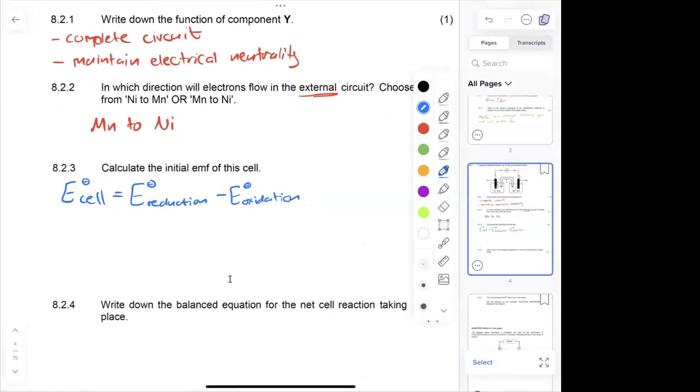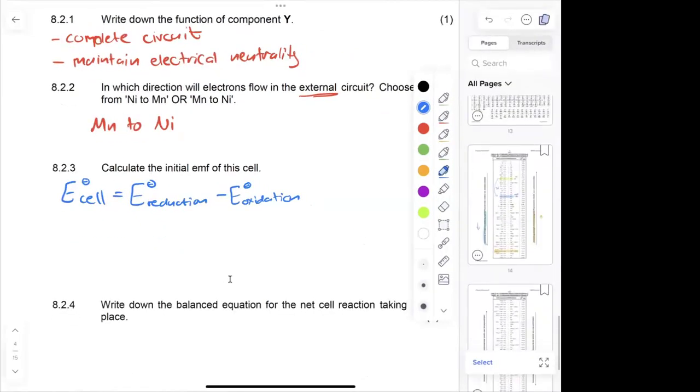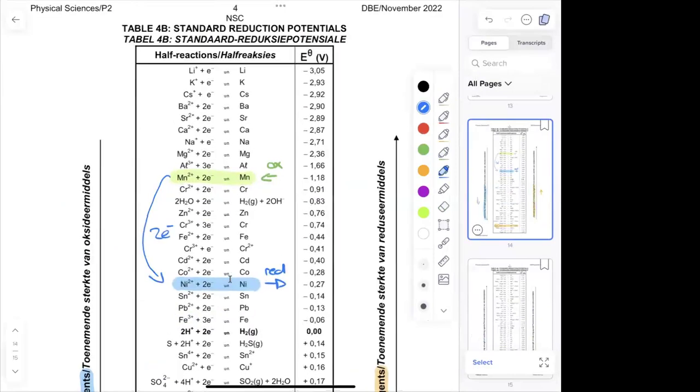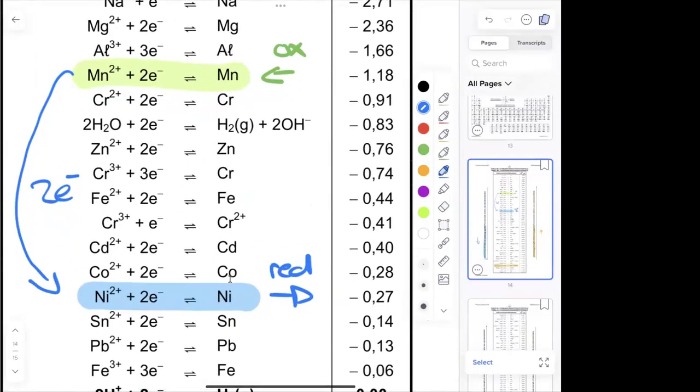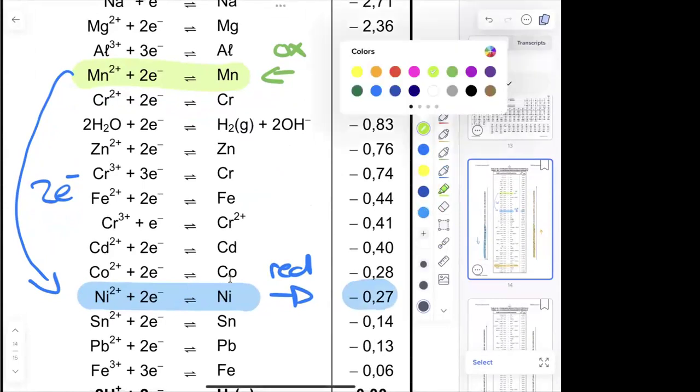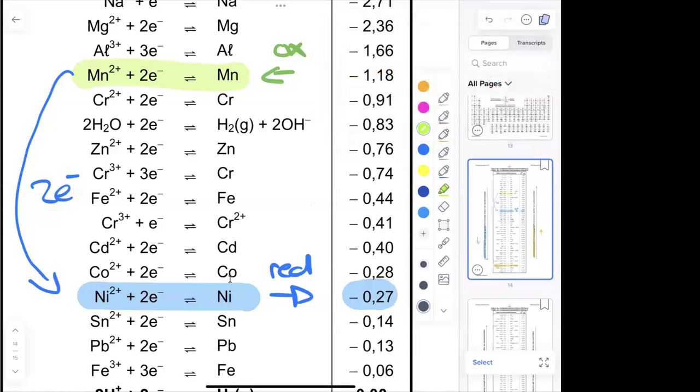Let's go look at those values on our table. That's why I said to you guys, remember, this table is so important. We're going to use it so much today. So we can see our reduction one is going to be, let me highlight it, at negative 0.27. And then our oxidation is going to be at negative 1.18. So negative 0.27 and negative 1.18.